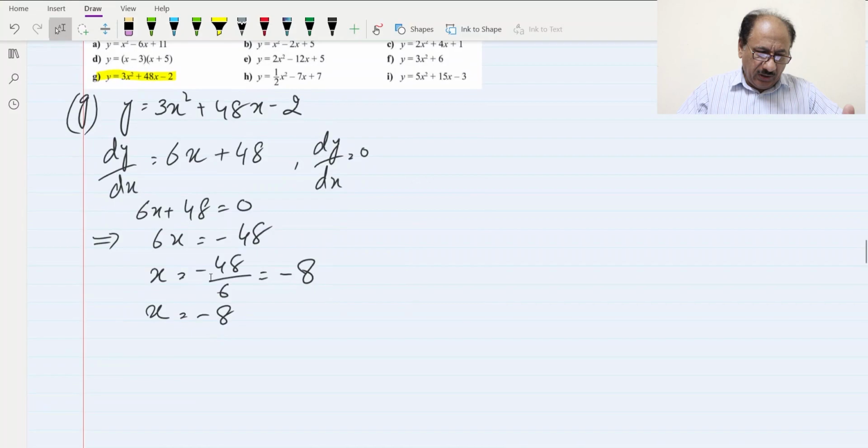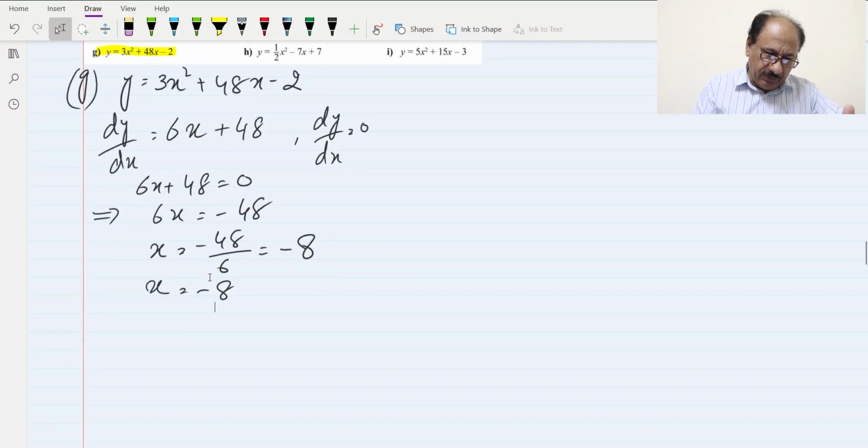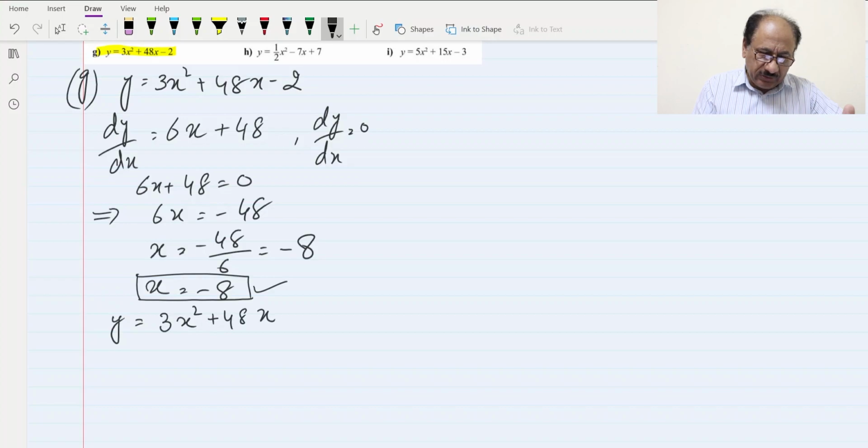To find the y value, we have to replace x with this value. We replace it in the original given equation, y is equal to 3x squared plus 48x minus 2. In this one we replace x with minus 8.